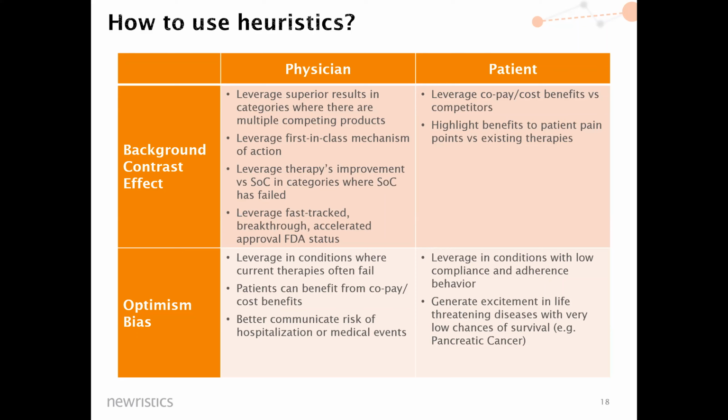And there you would be fighting optimism bias to better communicate the risk, to get people to better understand what could happen to them if they're a patient, or to their practice and their hospital if they're a physician.